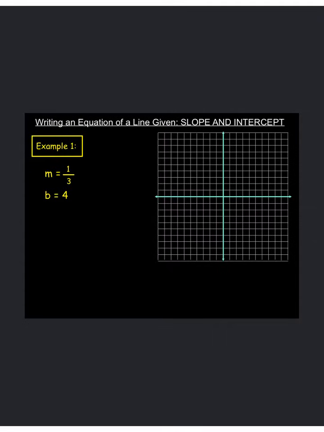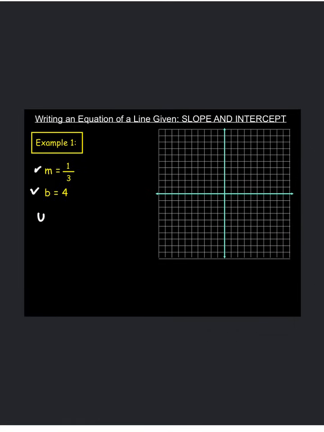So our first example is writing an equation of a line where we're given a slope and an intercept. We're given both of these things, and we're going to write our equation in slope-intercept form: y equals mx plus b, where m is the slope and b is the y-intercept.